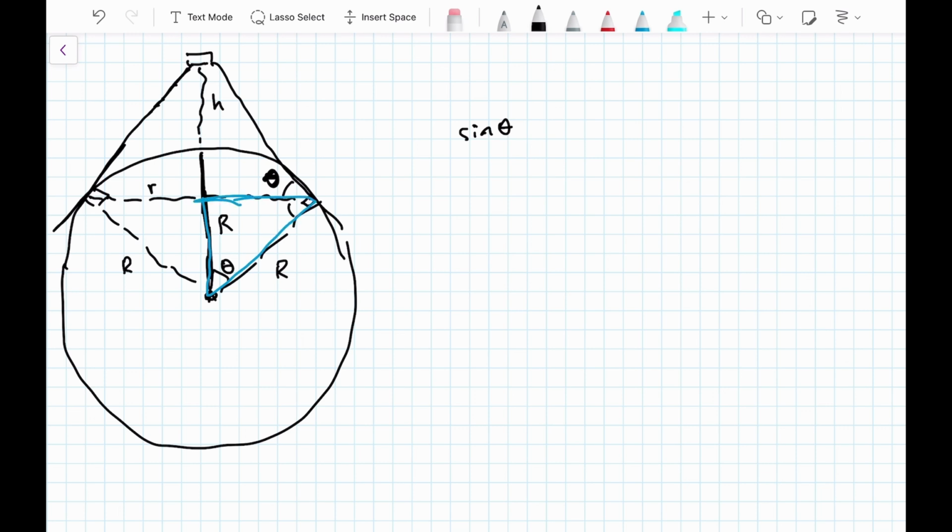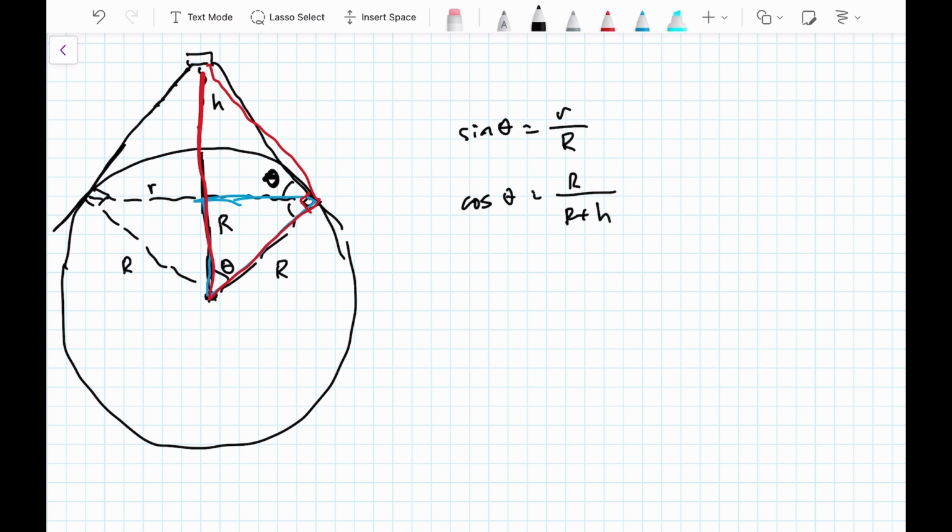Right, so we have R over R. And then utilizing this triangle, this is a right angle, so we can get the cosine of theta. So the cosine of theta is equal to R over R plus H. Right now in this equation, all we have is theta as a variable.